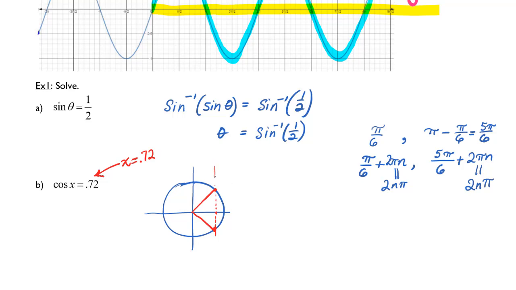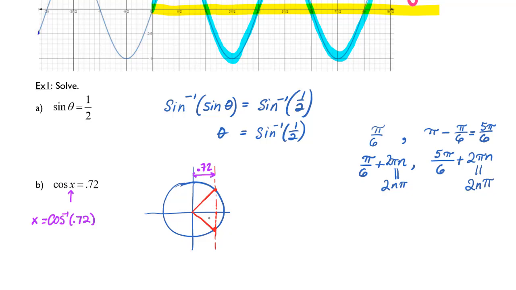So if I break my circle at x equals 0.72, I need to find how far I've gone in the horizontal direction. The distance from 0 out to the right along the x-axis is going to be 0.72. Because of that, I need to solve for the angle, and so I can say cosine inverse of 0.72 will give me x.